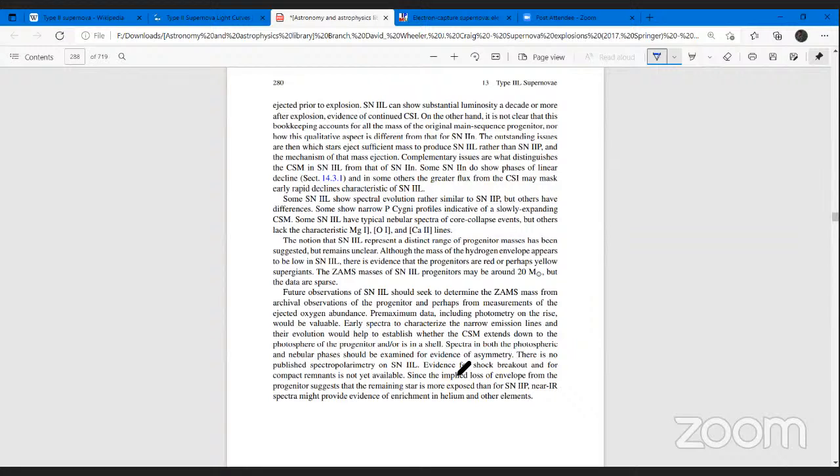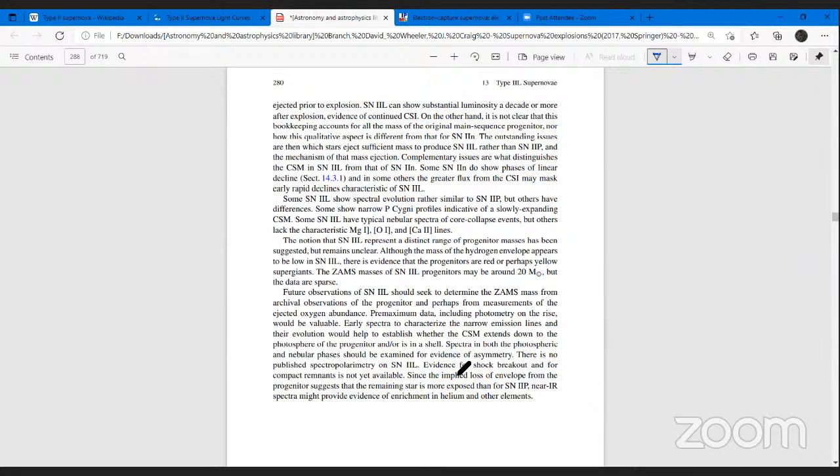Since the implied loss of envelope from the progenitor suggests that the remaining star is more exposed than for type 2P, near infrared spectra might provide evidence of enrichment in helium and other elements.